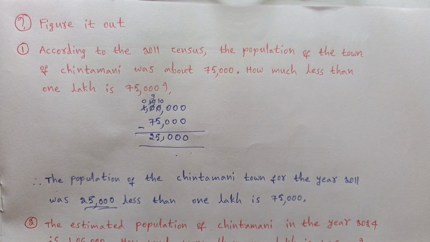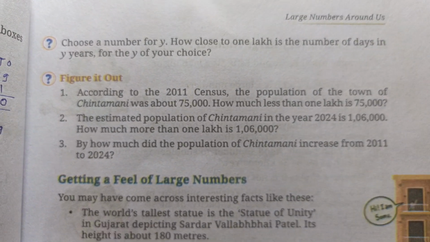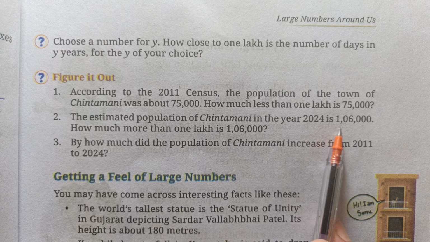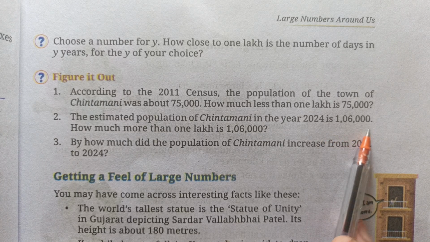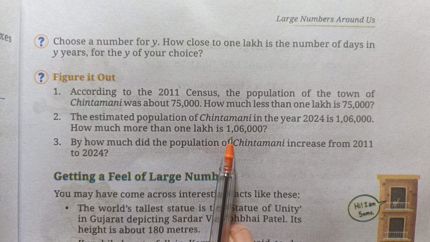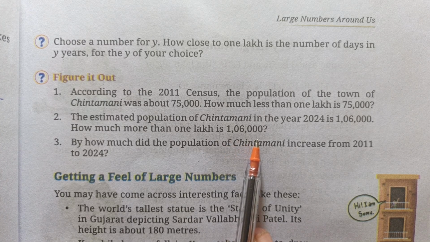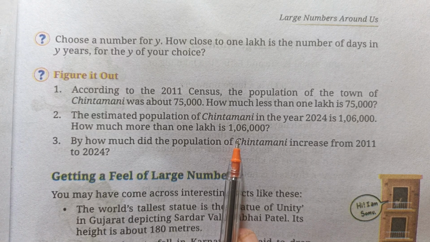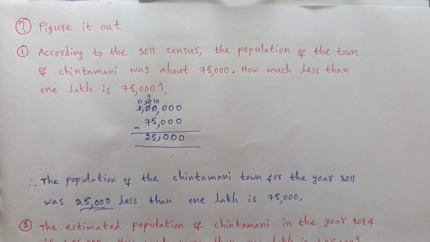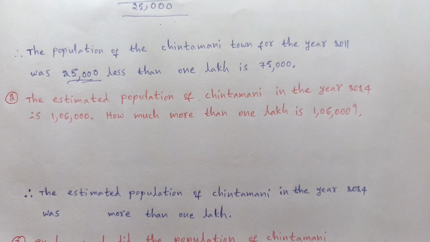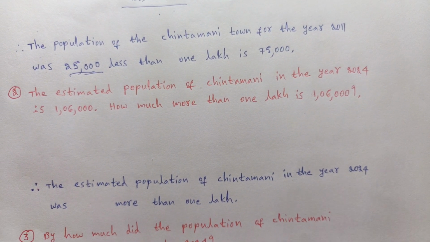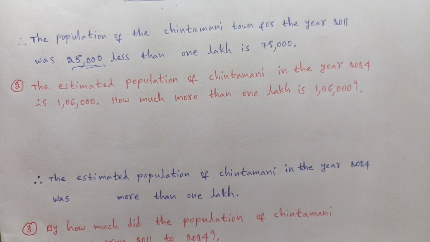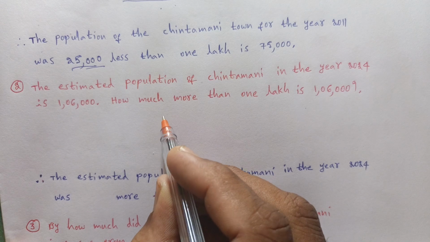Next, we take the second question. The estimated population of Chintamani in the year 2024 is 1 lakh 6,000. How much more than 1 lakh is 1 lakh 6,000? So here 1 lakh is smaller than 1 lakh 6,000. So what is the difference that we have to find now? Here we have to subtract 1 lakh from 1 lakh 6,000.